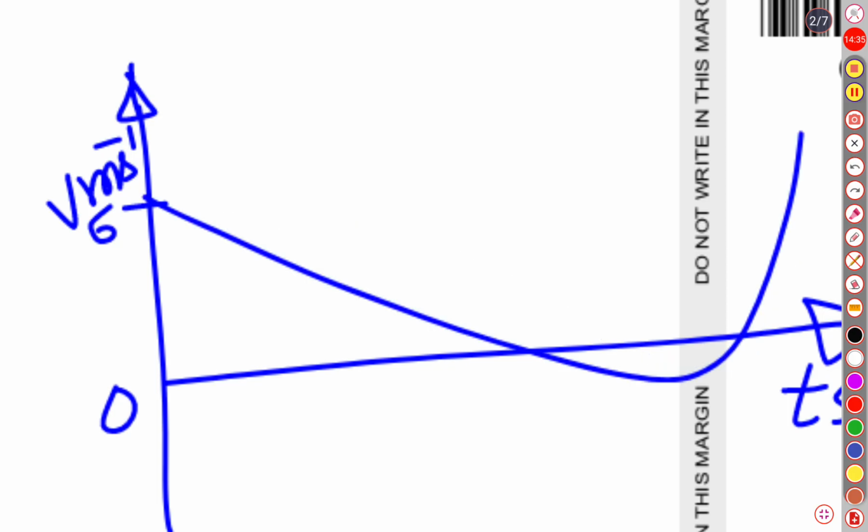Here there was 1 second, and for 4, they have already mentioned that until 4 seconds the velocity was positive.